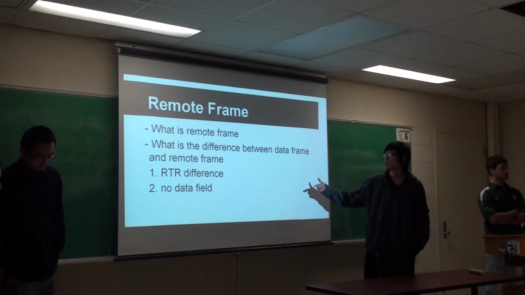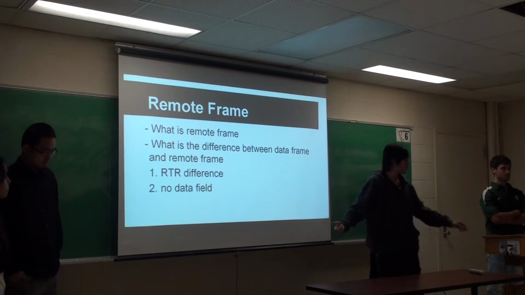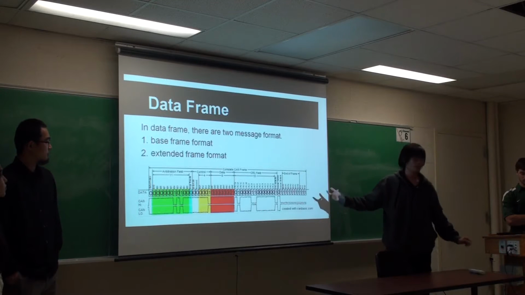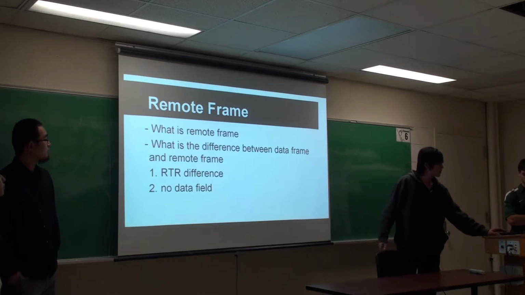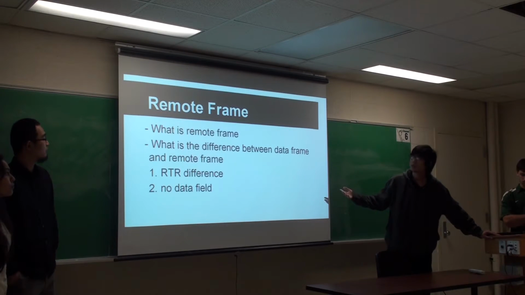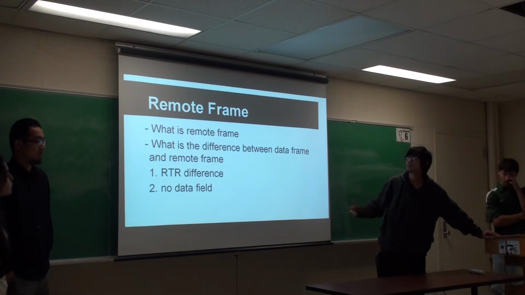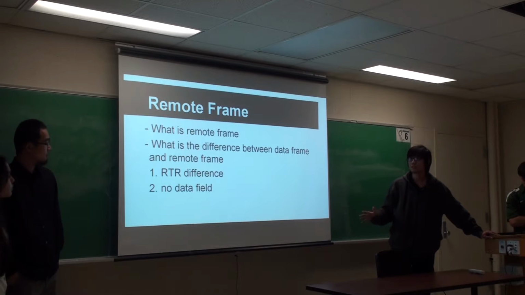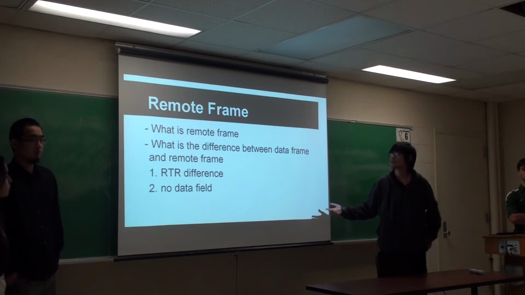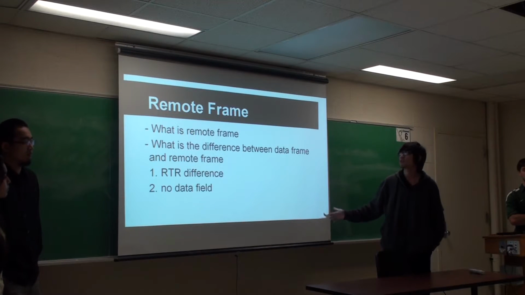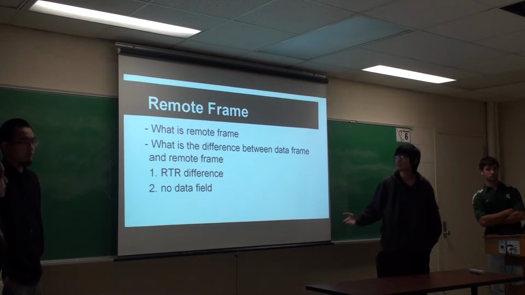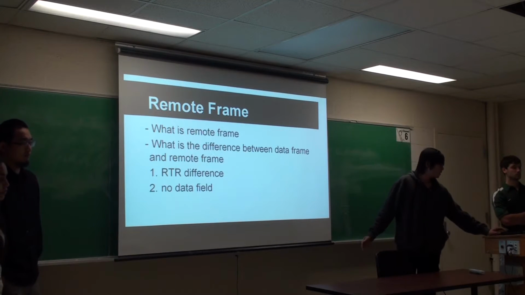The second one is that there's no data field. This part, the red part, there's no data field for the remote frame. And the remote frame and data frame cannot happen together. Always the data frame needs to transfer the data first, and then the remote frame, because this will make sure the node transmitting the remote frame can get the desired data immediately and accurately.